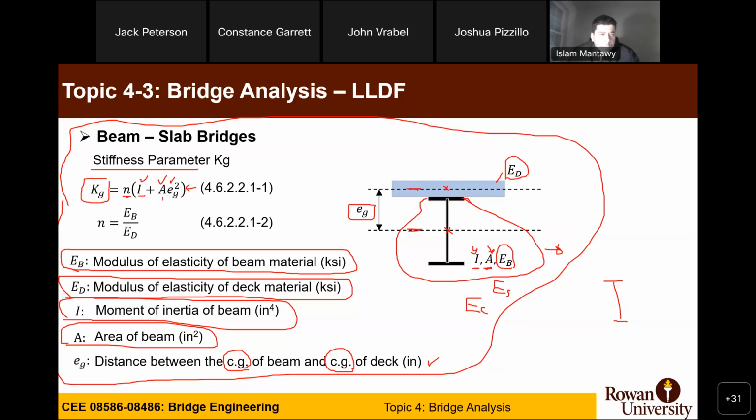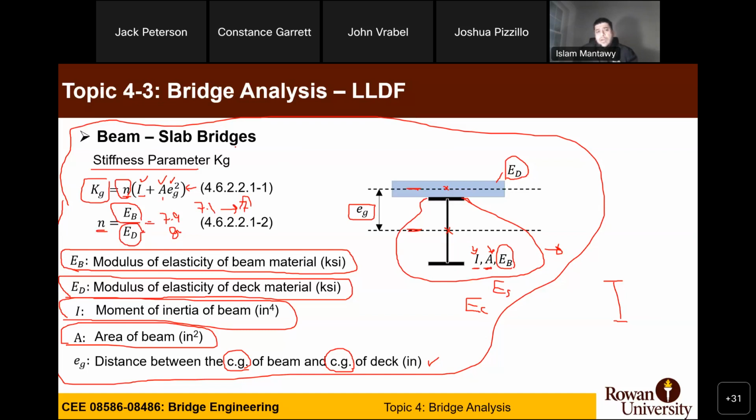The only thing we need to know is N, the modular ratio, which is the ratio between the modulus of elasticity of the girder and the modulus of elasticity of the bridge deck. And this one has to be an integer. So if it's 7.9, you take it as 8, and if it's 7.1, for example, you take it as 7. It has to be an integer number.